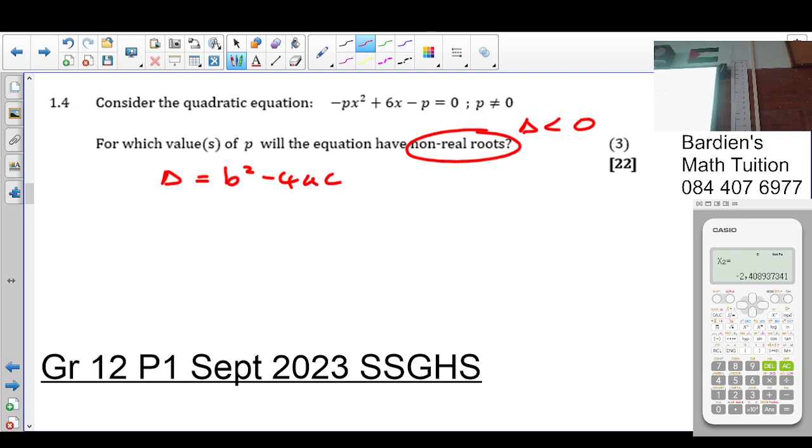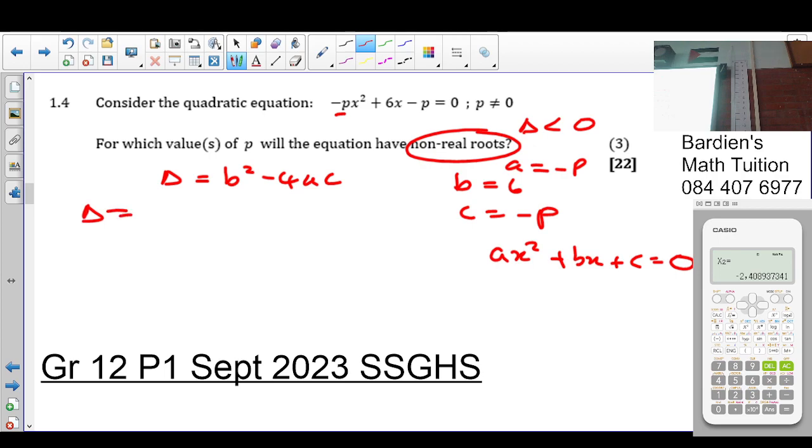As you can see here, your a value is of course minus p, your b value is 6, and your c value is negative p. Remember, it must be in the form of ax squared plus bx plus c. So delta is b, which is 6 squared minus 4, a is minus p, and c is negative p, which is 36 minus 4p squared.